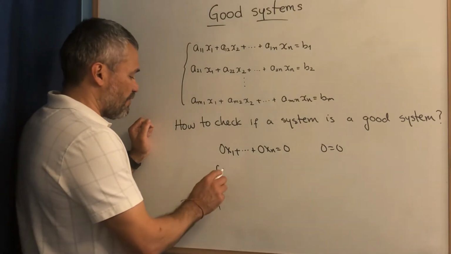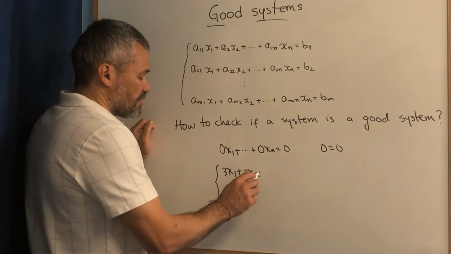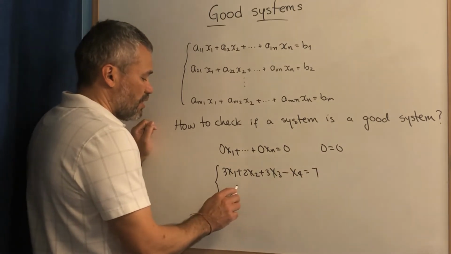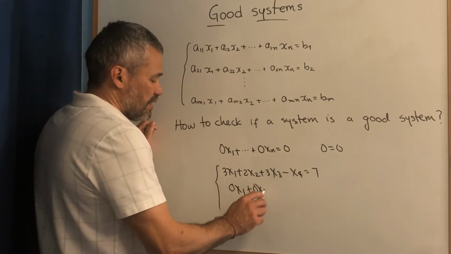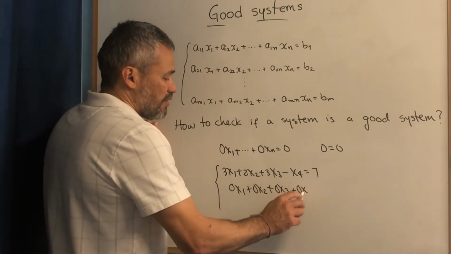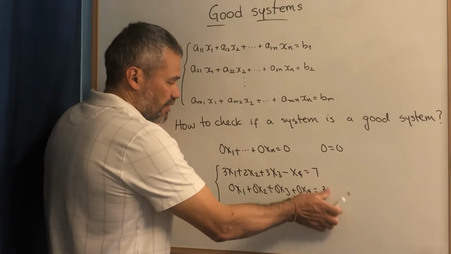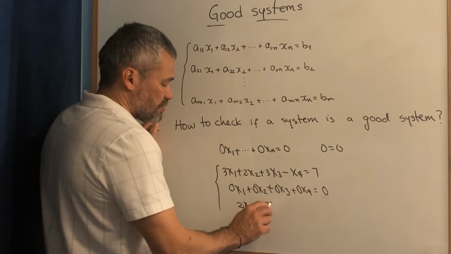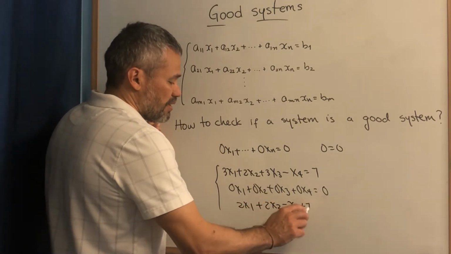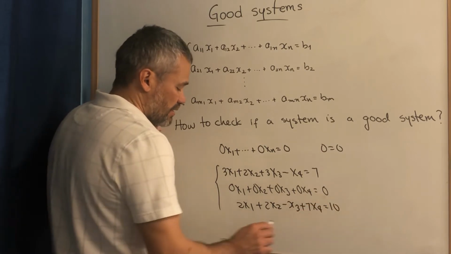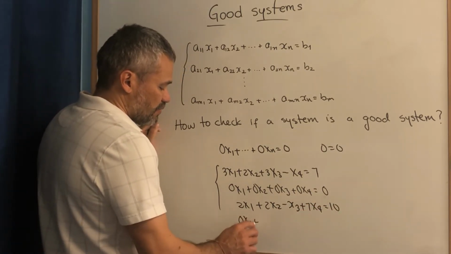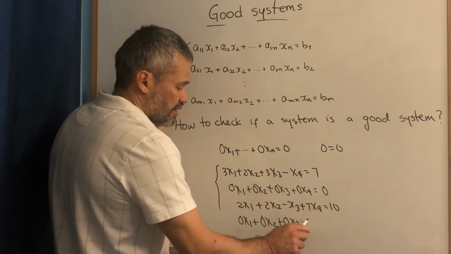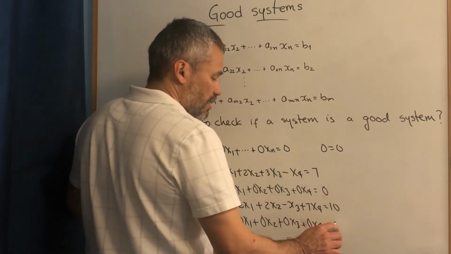Let's do an example. If we have 3x1 plus 2x2 plus 3x3 minus x4 equals 0, 0x1 plus 0x2 plus 0x3 plus 0x4 equals 0, 2x1 plus 2x2 minus x3 plus 7x4 equals 10, and 0x1 plus 0x2 plus 0x3 plus 0x4 equals 0.